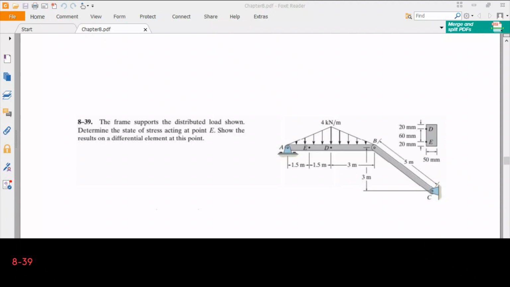In fact, we need to determine the support reactions in order to find the state of stress at point E. Okay. So this is our first member.